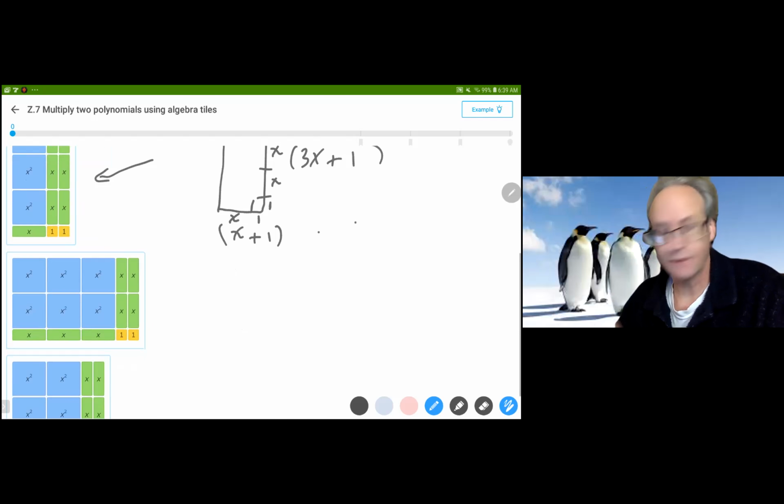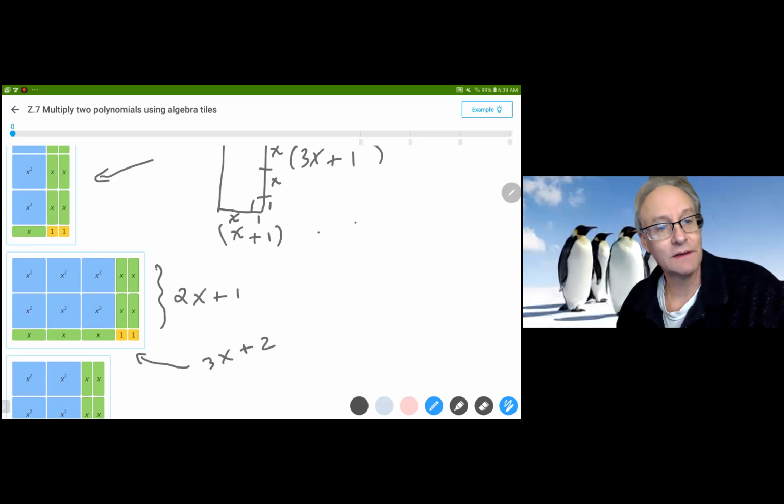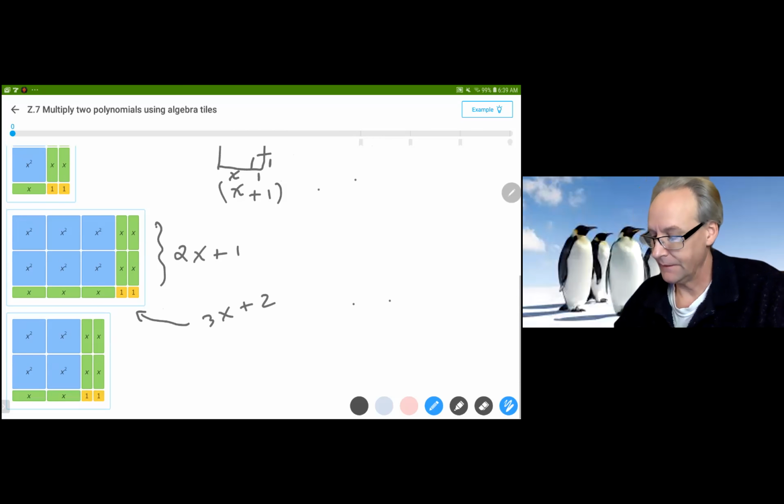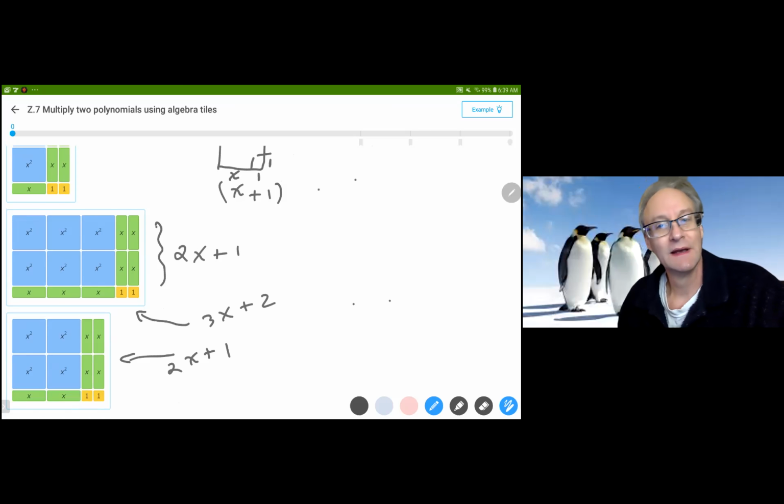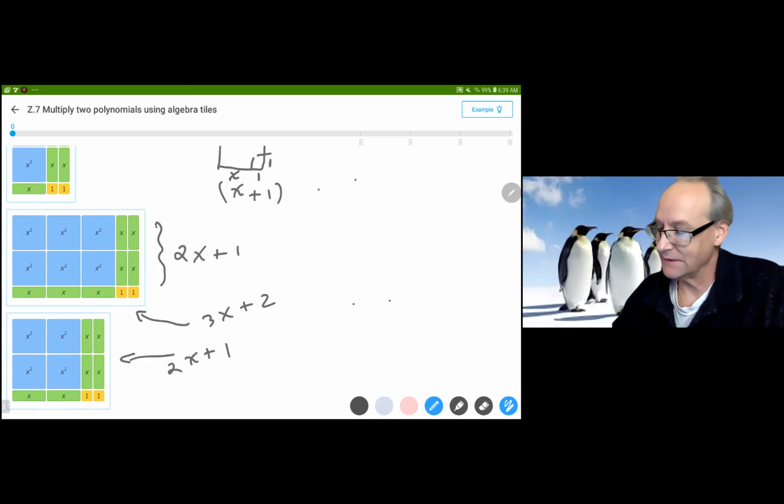Now, if we look at this next one, can you see it better now? Hopefully you can read it. We've got 2x plus 1. Here it is. And over there, we've got 3x plus 2, don't we? It's really close to the other one. And this last one is 2x plus 1, and the bottom face is 2x plus 2. So hopefully that makes sense to you guys.